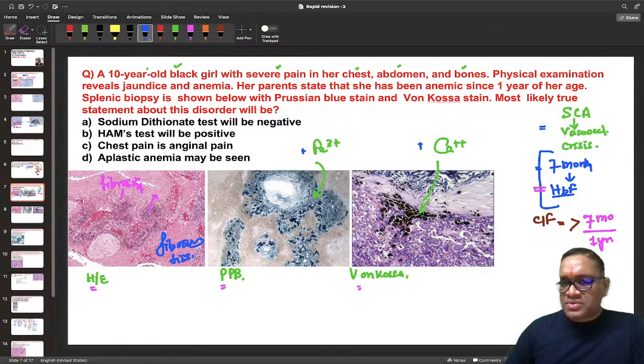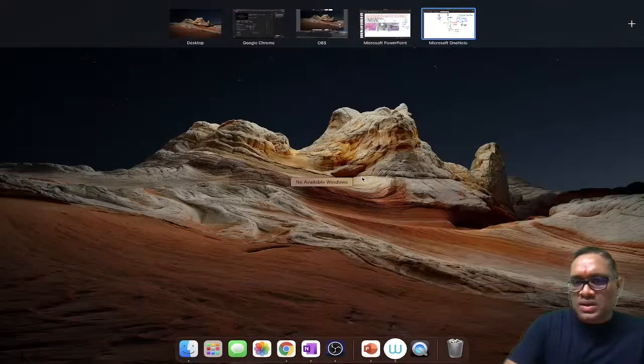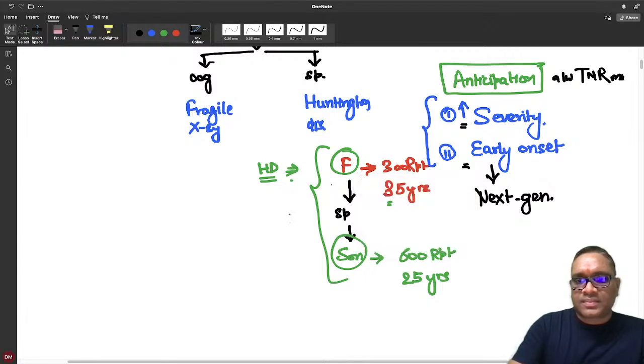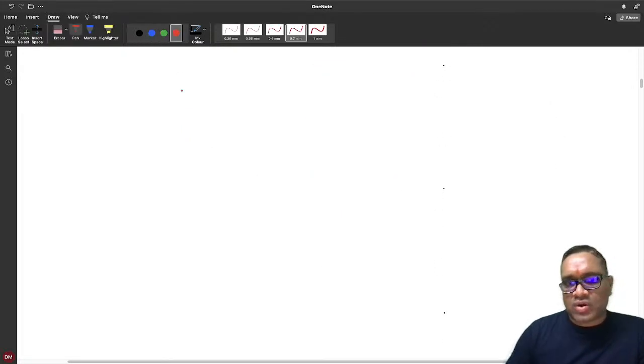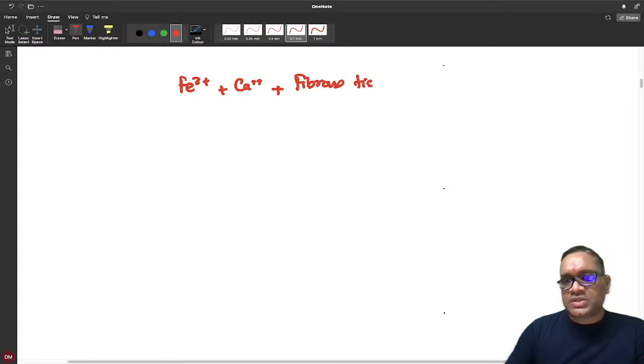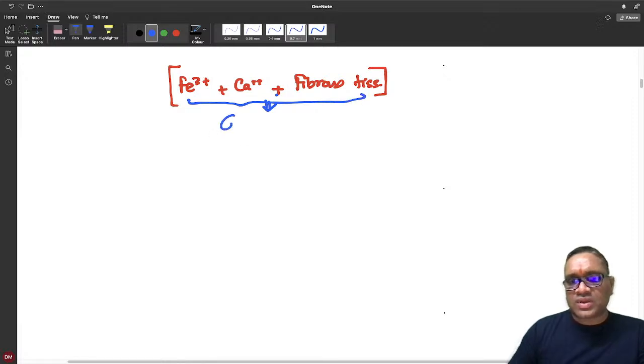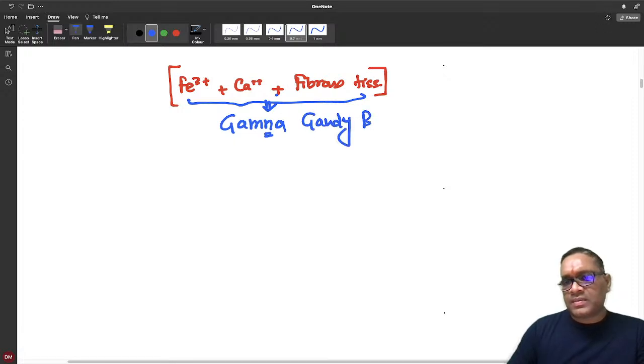In this diagram I am showing iron, calcium and fibrous tissue of the spleen. All three together form Gamna-Gandy bodies. Remember the letter N is silent in Gamna.